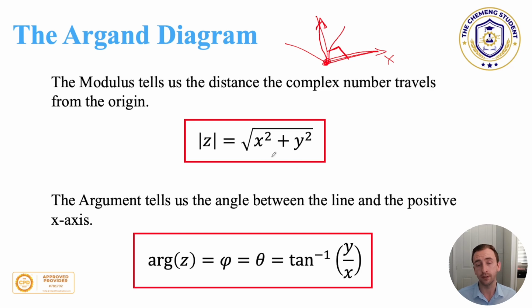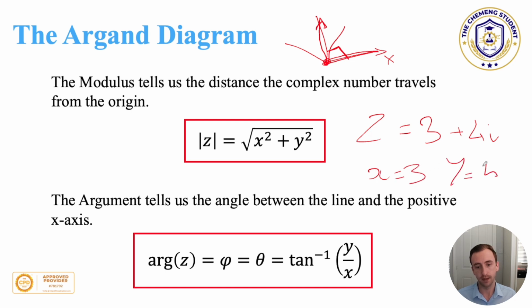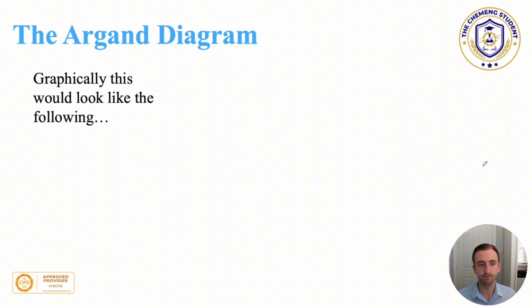And we will always have these, because the x-coordinate is the real part. So if we had, say, z is equal to 3 plus 4i, then x is going to be equal to 3, and y is going to be equal to 4. So that's how we read the x and y values.